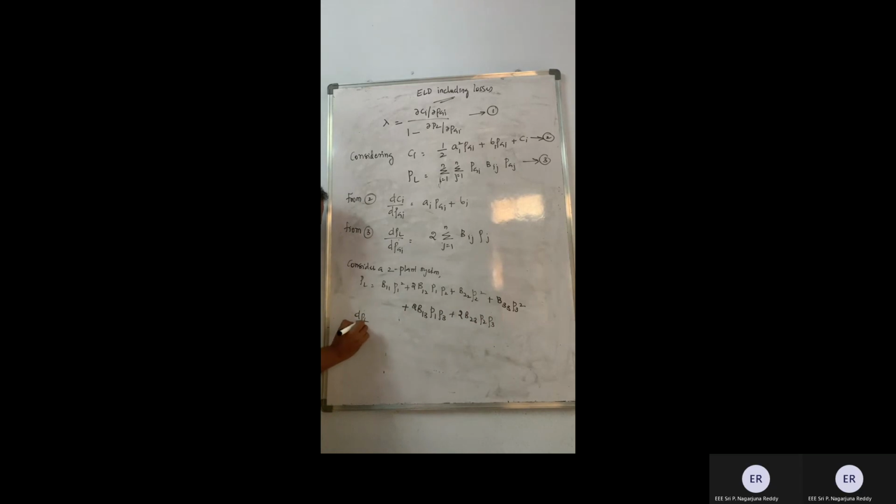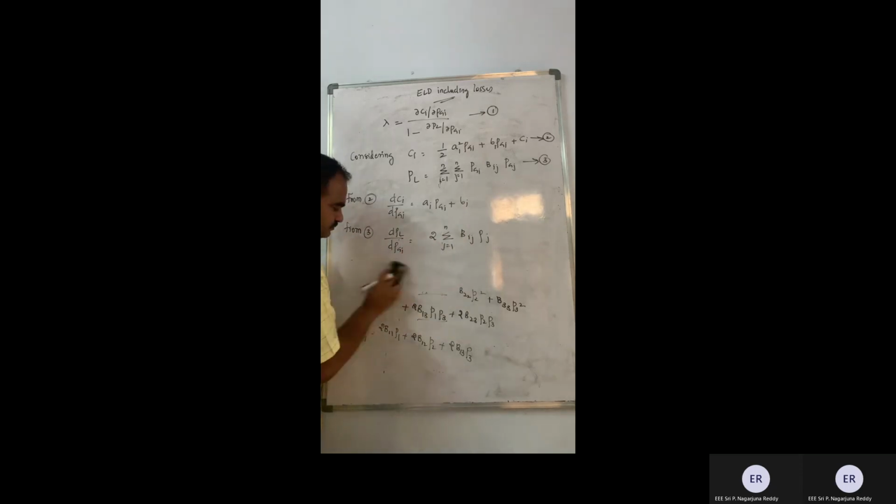If I differentiate it with respect to P1, for this term I am getting 2B11 P1, for this term 2B12 P2, and for this term 2B13 P3. If you take 2 as common, you can see B11 P1, B12 P2, B13 P3. This is the same as the generalized expression for incremental transmission loss. And this is the generalized expression for incremental costs.